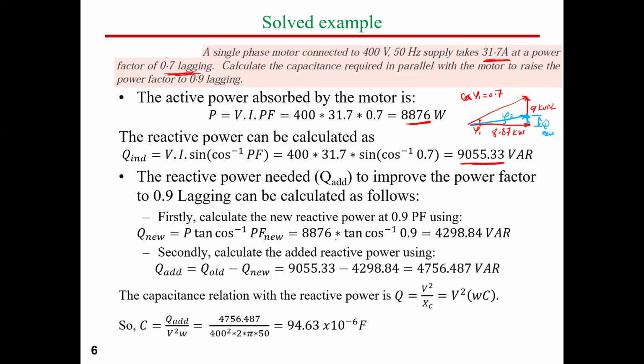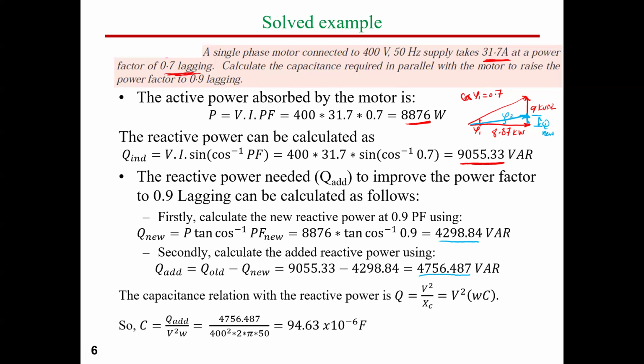This is the new amount of reactive power. What is the added Q? The added Q is the difference between the old and the new reactive powers: Q old minus Q new, which is 4756 VARs. This is the amount of reactive power added from the capacitor.